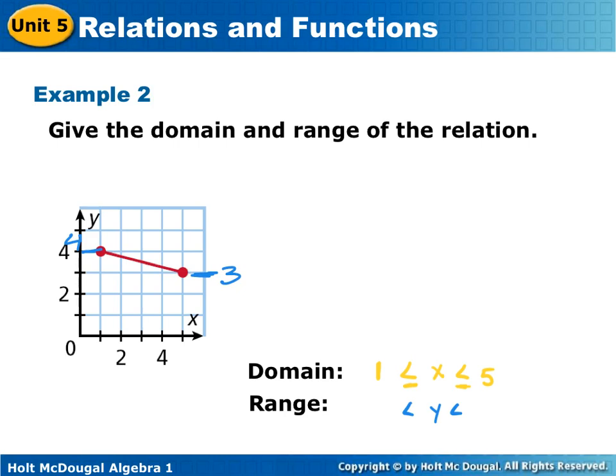So, which number is smaller, 3 or 4? 3. So when you write your inequality, you want it to be 3 is less than or equal to y, which is less than or equal to 4. So that means our range is any number between 3 and 4. Are y'all with me?